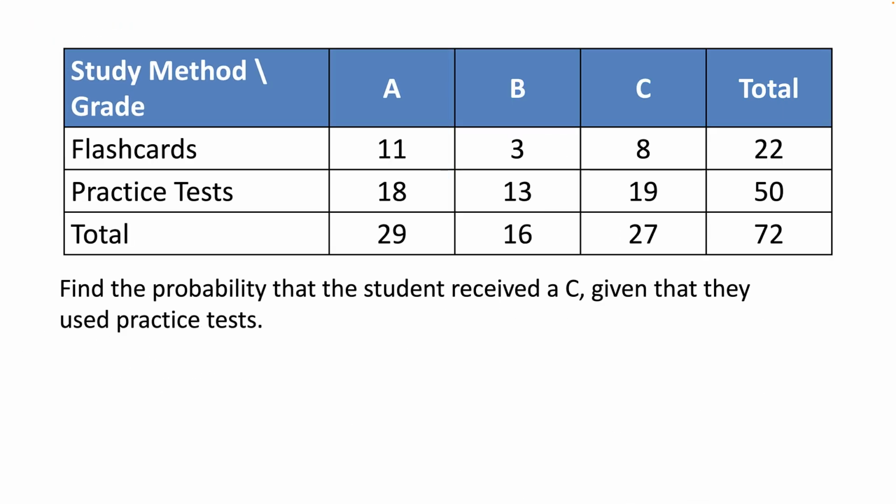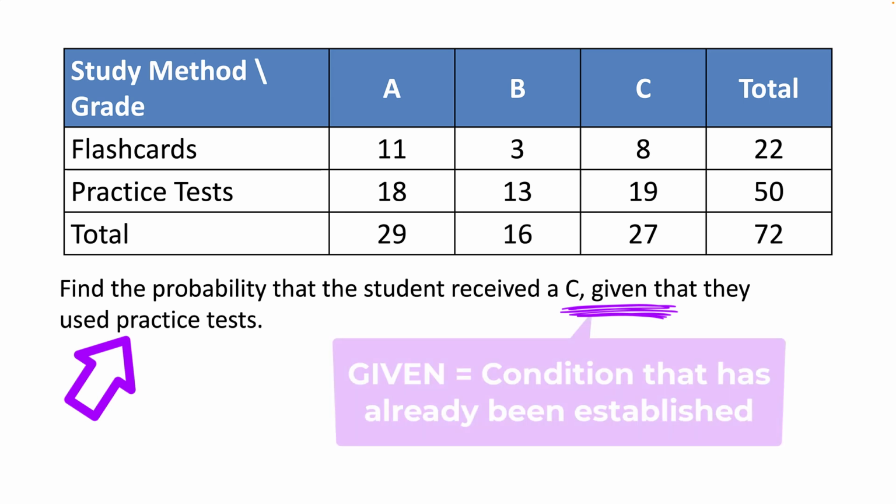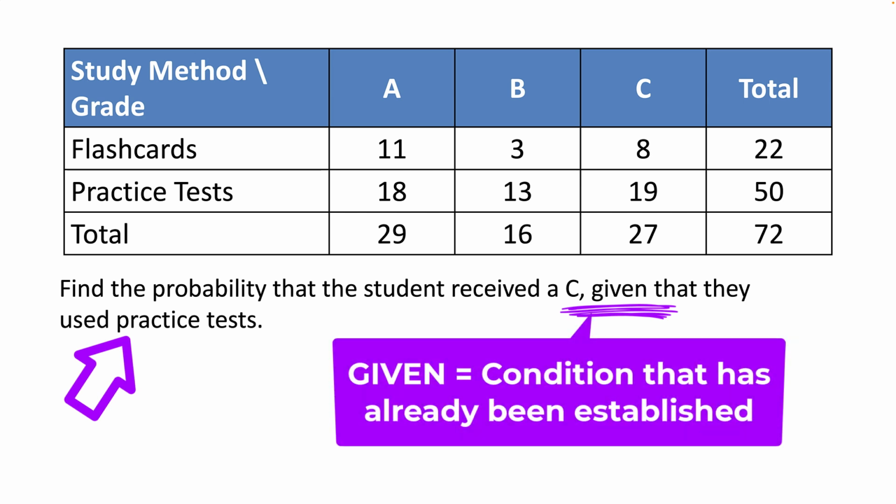Let's find the probability that a student received a C given that they used practice tests. That last part of the sentence, given that they use practice tests, is the key phrase that tips me off that I'm looking at a conditional probability. Given that they use practice tests establishes an event that has already occurred.